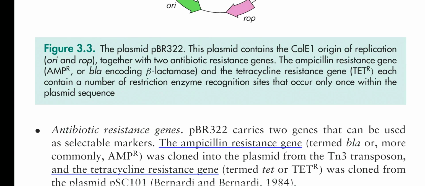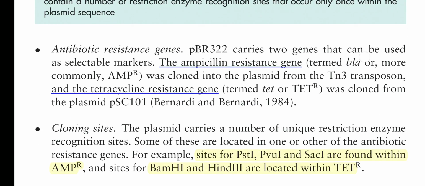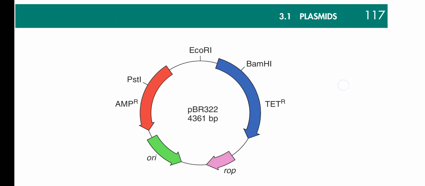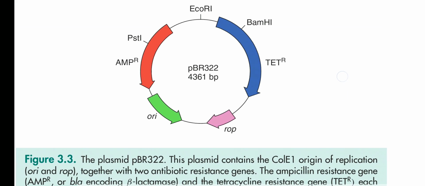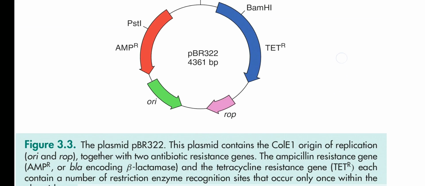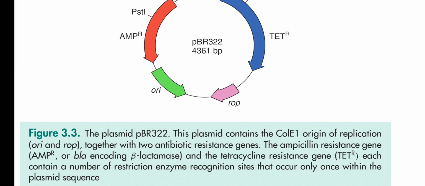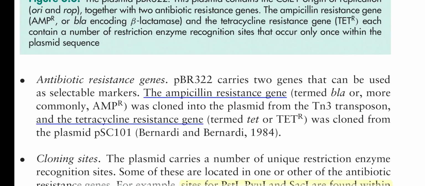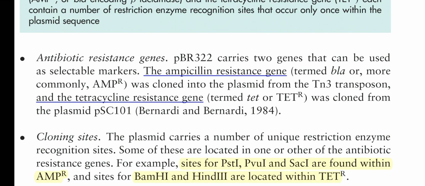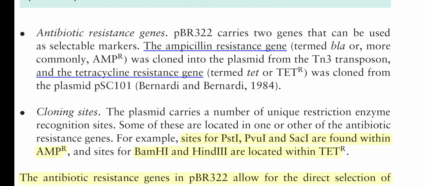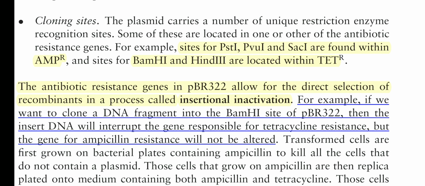Then coming to antibiotic resistance, this is a picture which shows the plasmid possessing ampicillin and tetracycline resistance, to those kinds of drugs, because the protein enzyme can protect those bacteria to survive in that medium. Here also shown are PstI and BamHI, which are restriction enzymes that cleave a particular site in the gene.